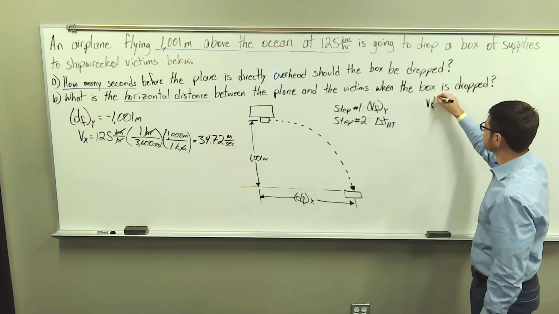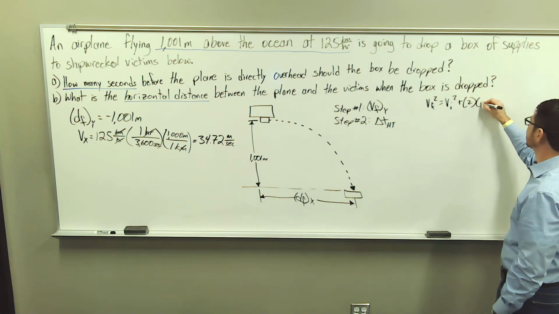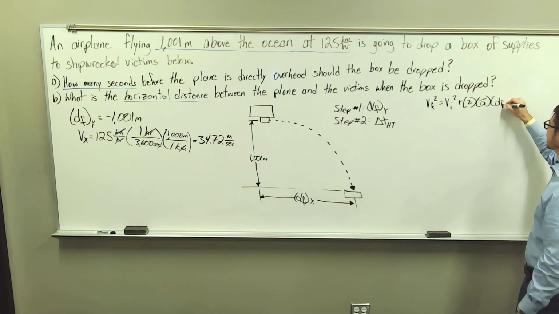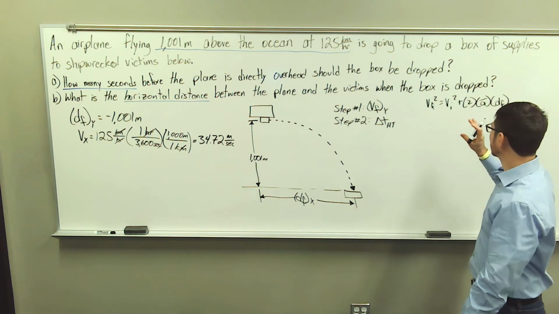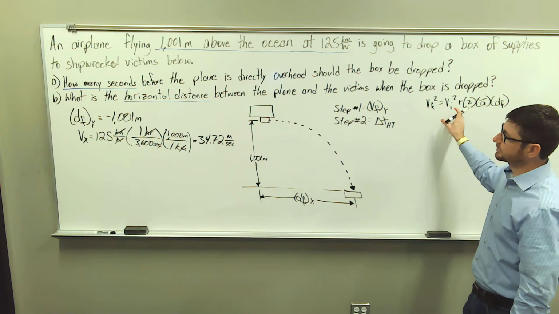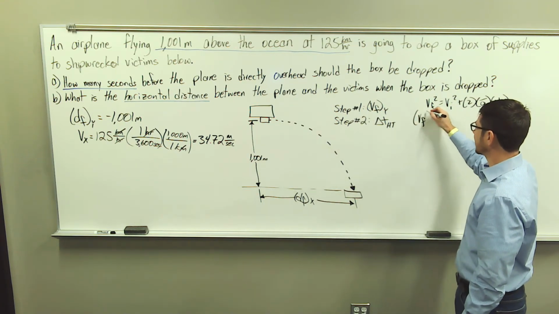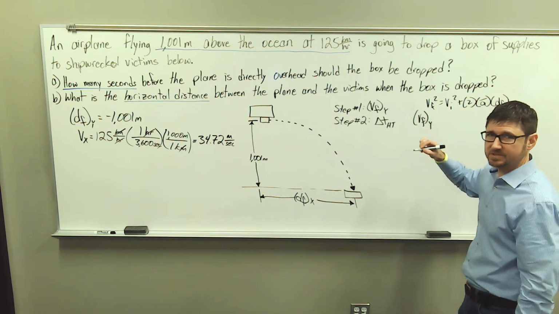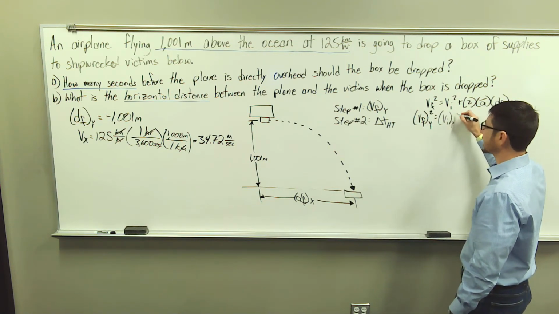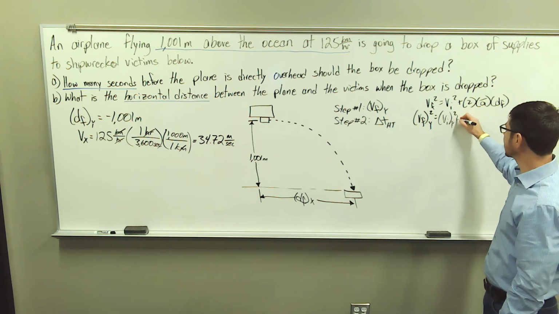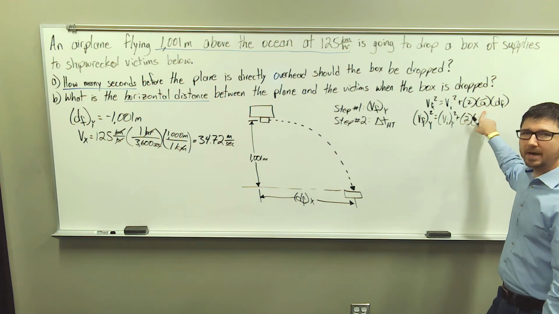Final velocity squared is equal to initial velocity squared plus 2 times the acceleration times the final displacement of our object. So we need to adapt this equation to our situation here. So we have final velocity in the y direction squared is equal to initial velocity in the y direction squared plus 2 times the acceleration in the y direction.